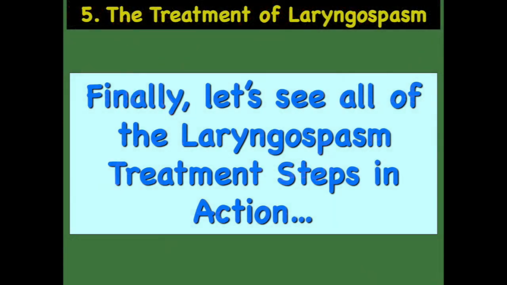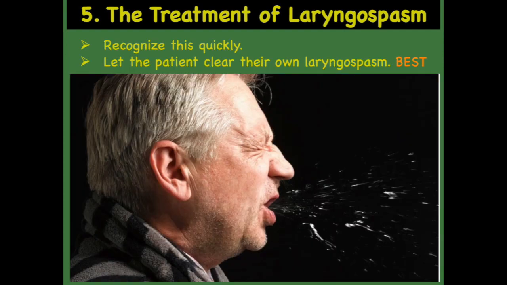So let's summarize all the laryngospasm treatment steps. If a person develops laryngospasm, we recognize it quickly and let them clear it. That is the best way for them to break their own laryngospasm.